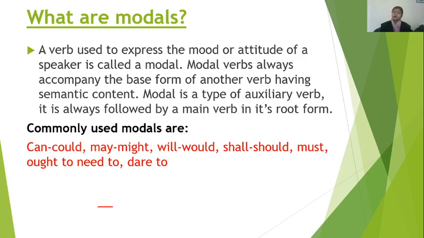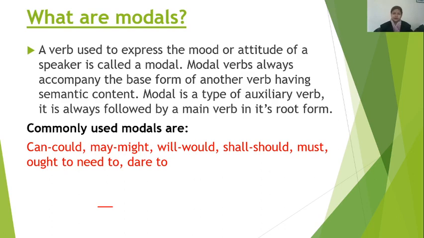In the same manner, sometimes should is used as a past form of shall, only in the case of first or second person plural pronoun. Otherwise, would works as a past form for will and shall both. Okay, these are the exceptions. There are four such modals that change their form in the past. Otherwise the rest of the modals are used in the same manner in all the tenses.